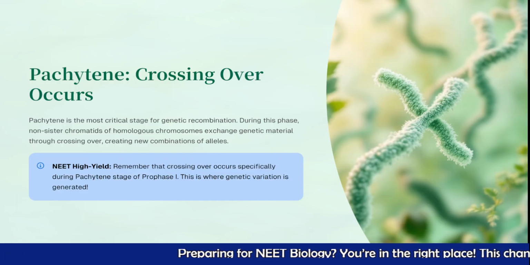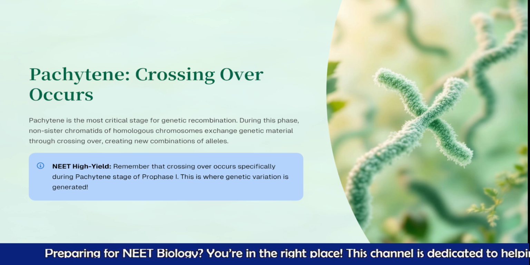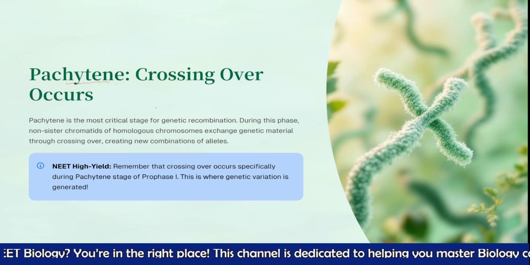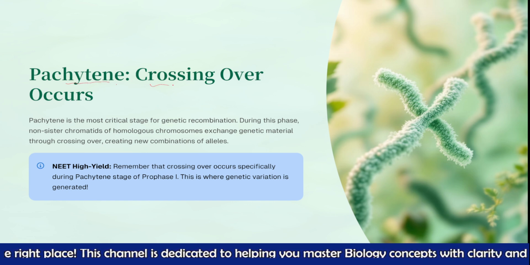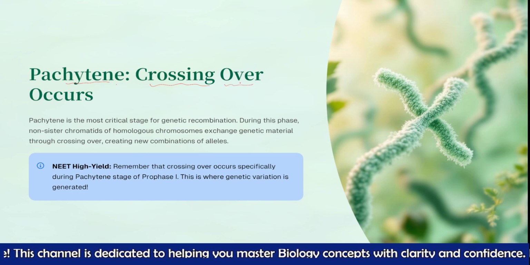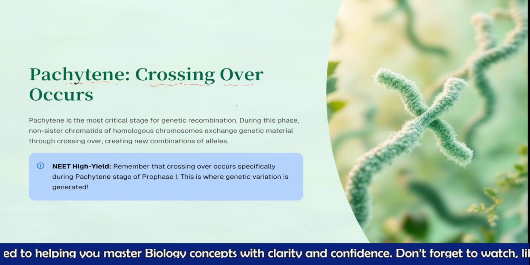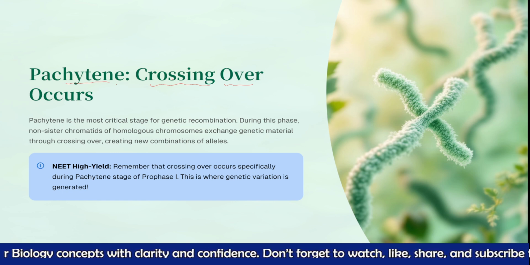Then moving on to the next very important, crucial stage of prophase 1, that is the pachytene stage. As I told in the previous part, crossing over takes place, which causes recombination, the recombining of homologous chromosomes as a result of crossing over.